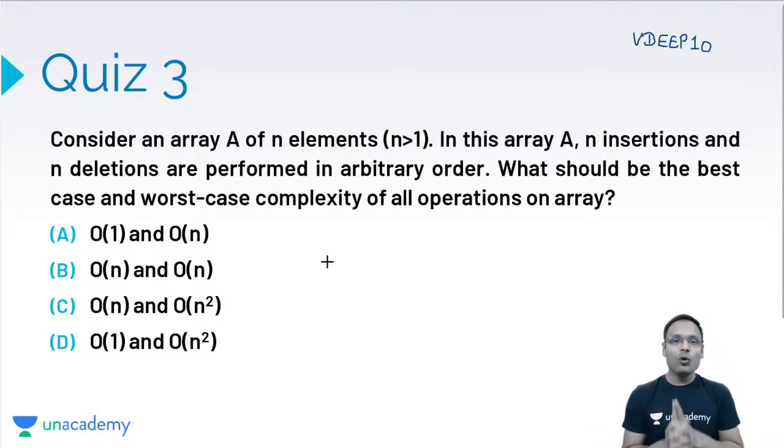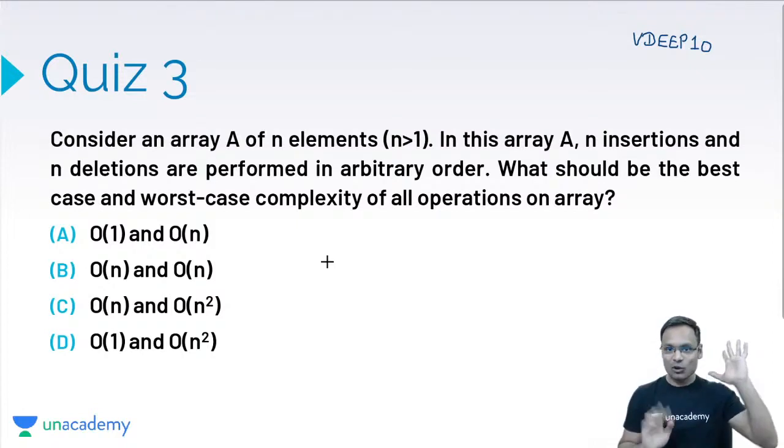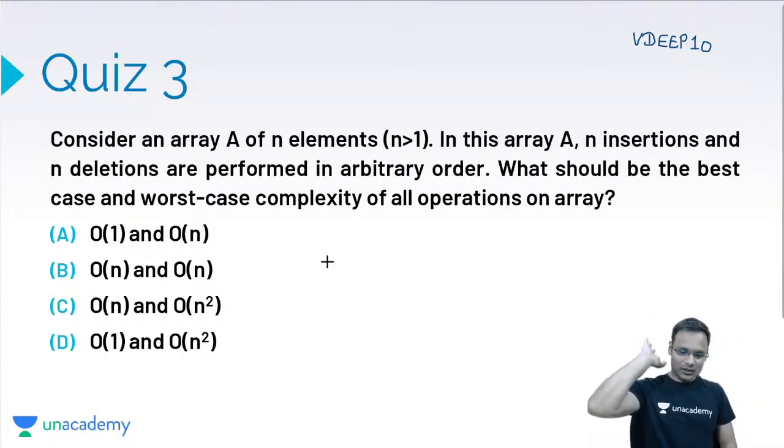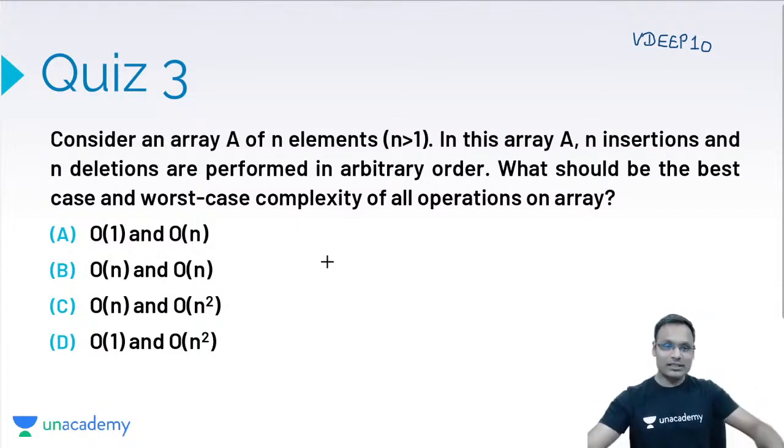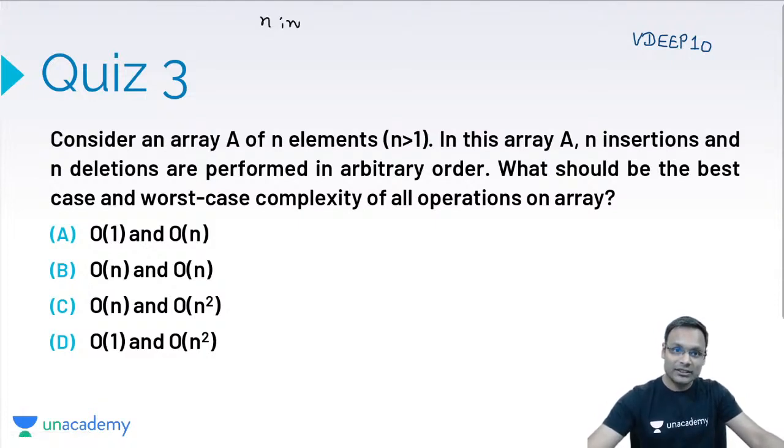Let's say you are performing insertion and deletion and you want the best case. Then for one insertion the complexity is constant, and for one deletion the complexity is constant. You are performing n insertions and n deletions, total 2n operations.